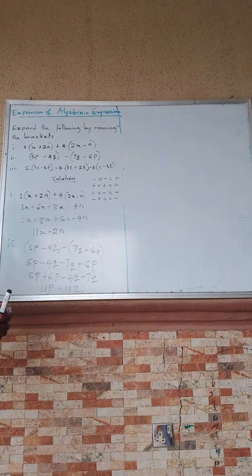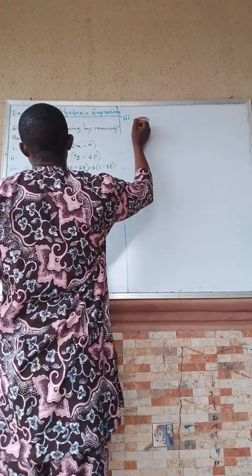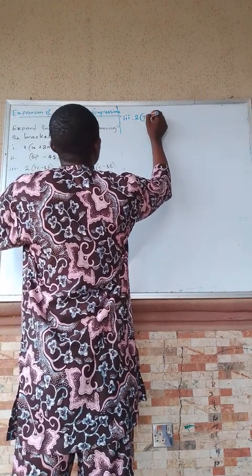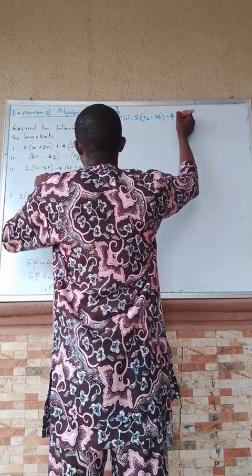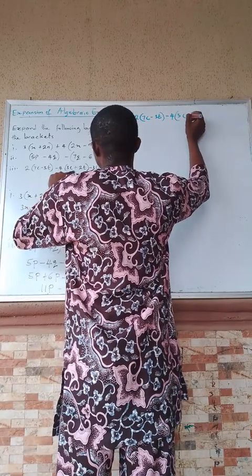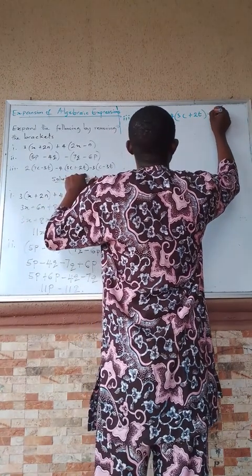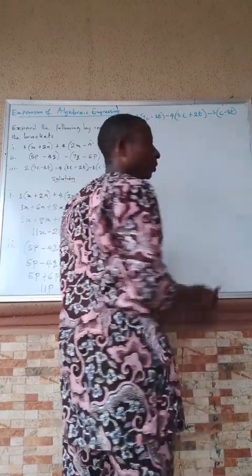Now let's look at the third one. We have 2(7c - 3t) - 4(3c + 2t) - 3(c - 3t).